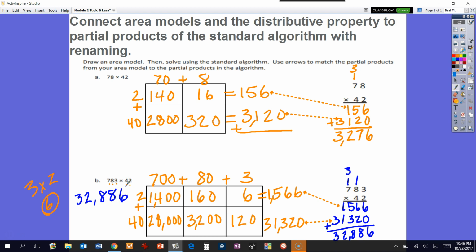And of course, my answer for A was 3,276. Hopefully this video was informative and helps you understand how the partial products relate to the area model and the standard algorithm.